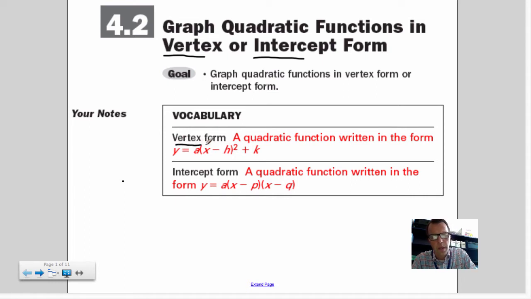Vertex form. A quadratic function written in the form y is equal to a(x minus h) quantity squared plus k. Again, notice that x is squared here. This is called vertex form. And the third form we have is intercept form, where it's written as y is equal to some constant a times (x minus p) times (x minus q).